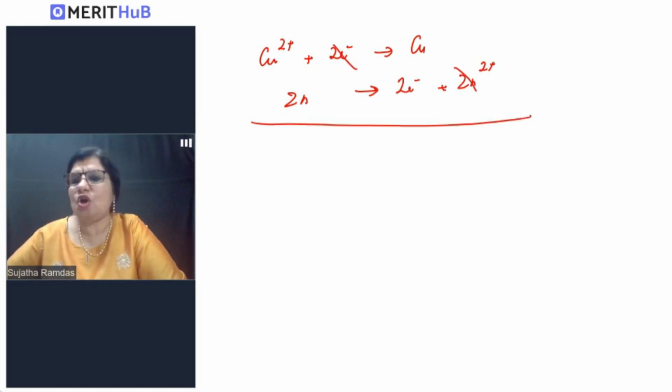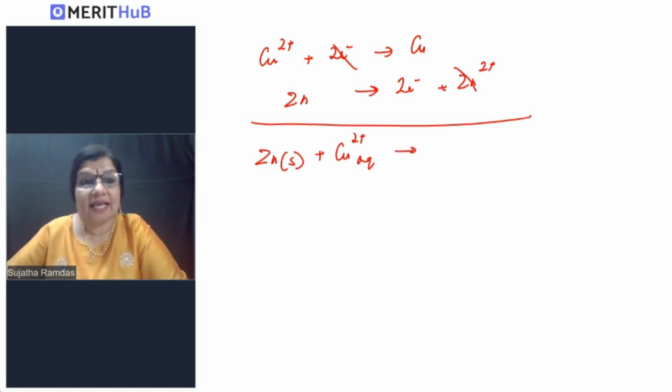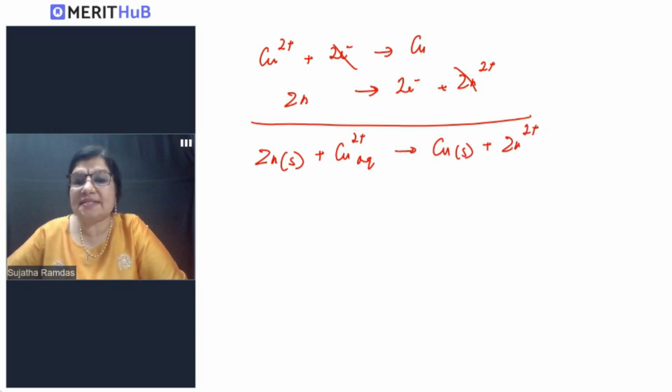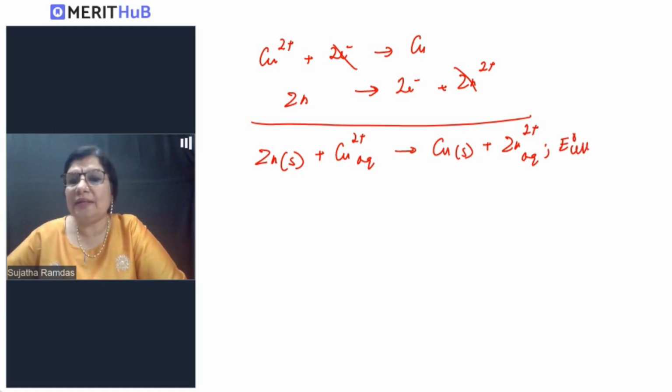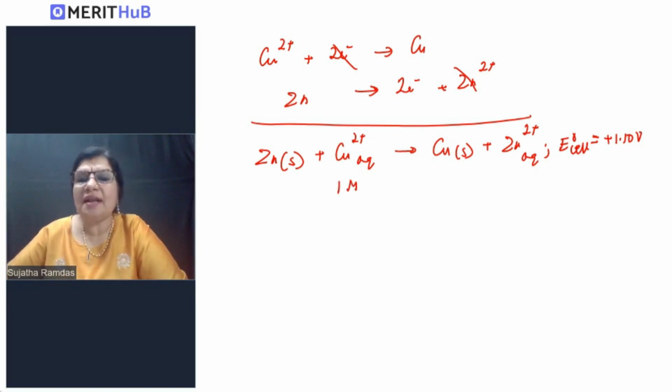We cancel the 2 electrons and arrive at the redox equation: Zn solid plus Cu2+ aqueous giving Cu solid plus Zn2+ aqueous. And E0 cell is equal to plus 1.10 volt, where the concentration of the copper ion is 1 molar and that of zinc ion is also 1 molar.